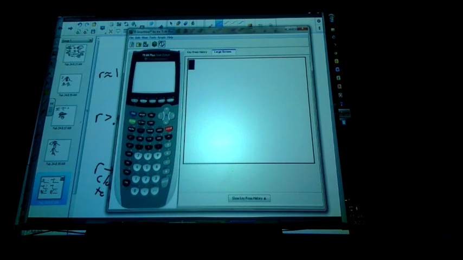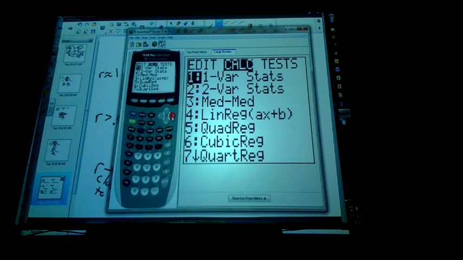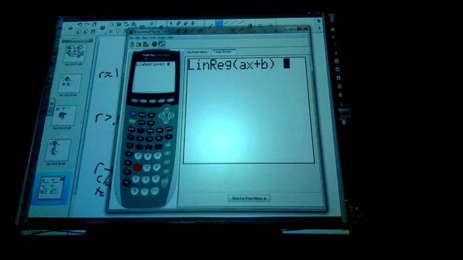And then I'm going to go stat. I want to calculate the linear regression off of this. If I hit linear regression, I could technically type in list 1, list 2.